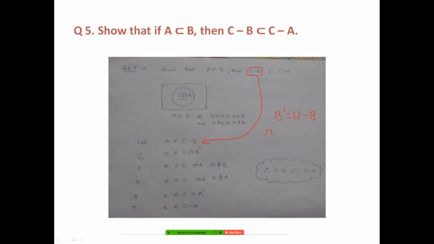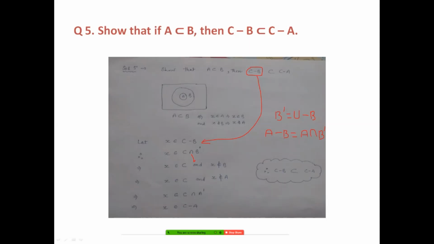And what is A difference B? It means A intersection B complement. So this way we can say X belongs to C intersection B complement. What is the meaning of this? Intersection means and.